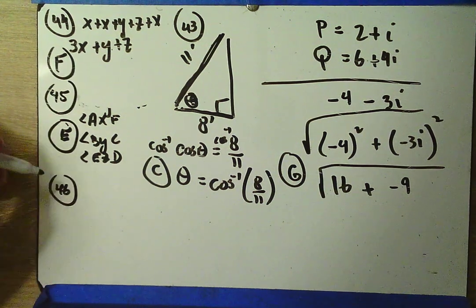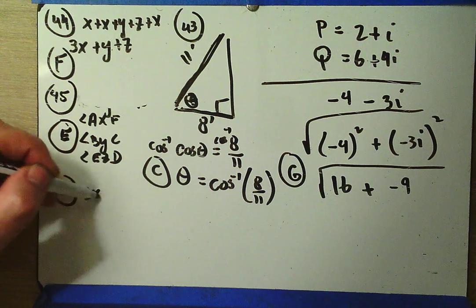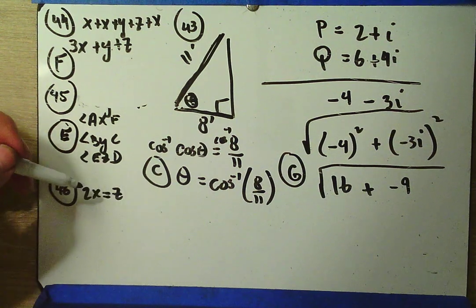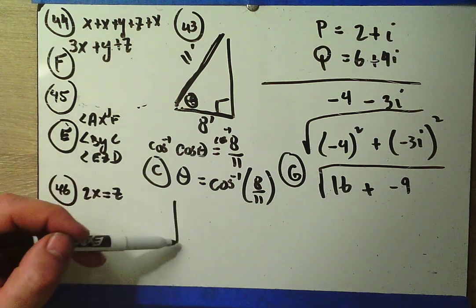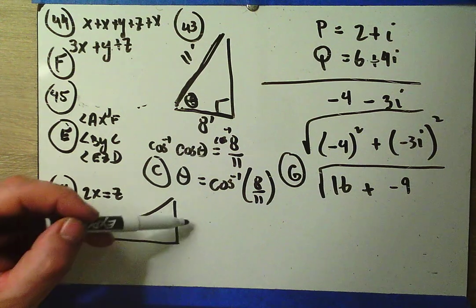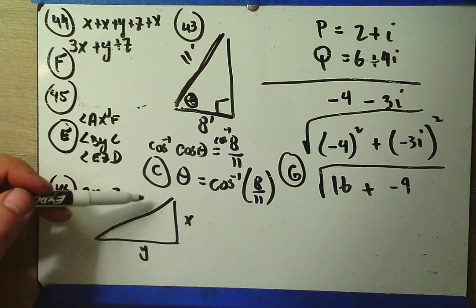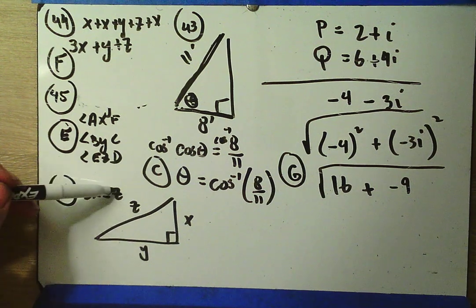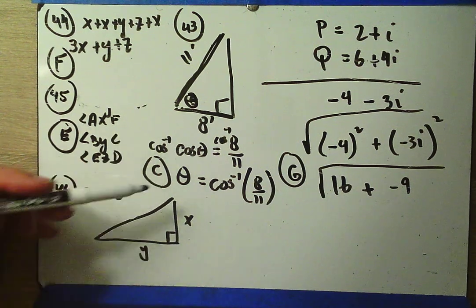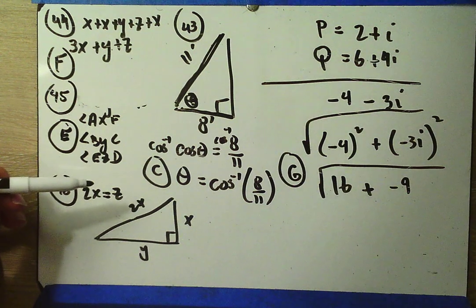46. They say if 2x equals z, then what's the value of cosine XYZ? Okay, so let's draw that triangle XYZ. So right angle here, and they're saying z equals 2x.